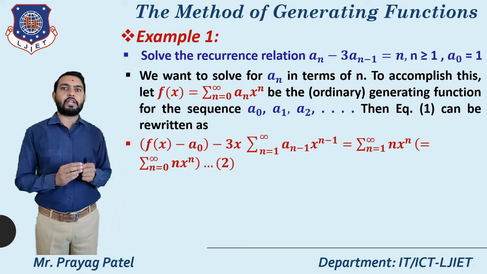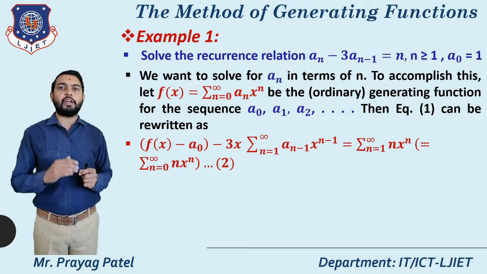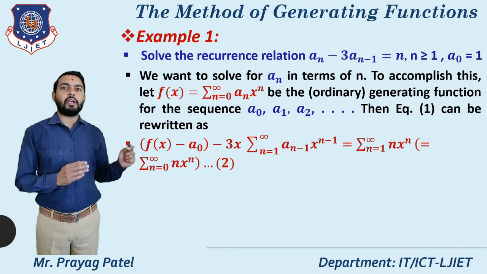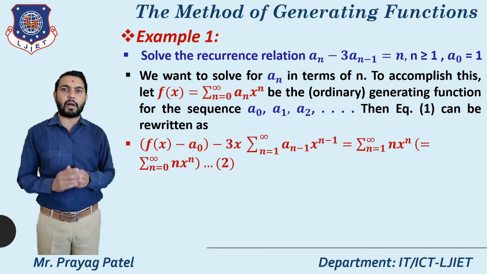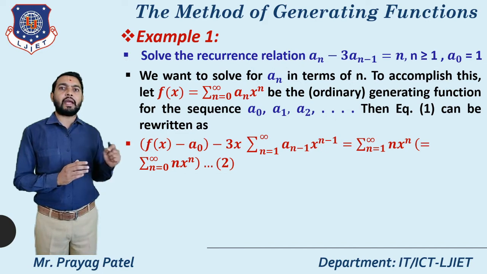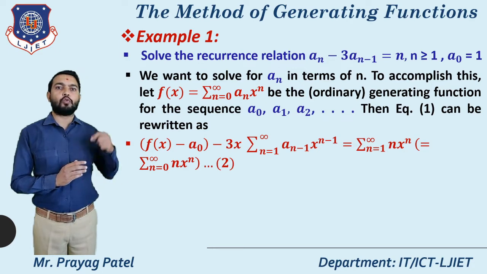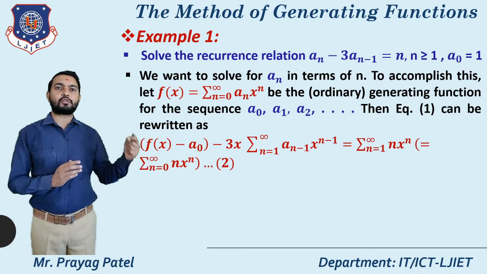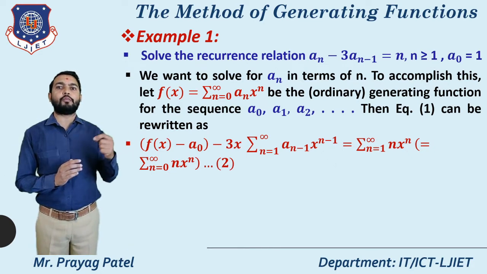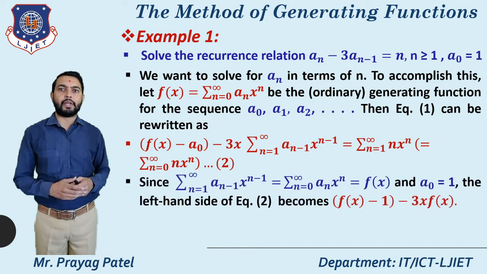In our previous formula, the sigma starts from n equal to 1 to infinity, while f(x) is the sum from 0 to infinity. That means a_0 is not included in equation number 1, so we subtract a_0 from f(x). So f(x) minus a_0 is the first part, minus 3x times the sum from n equal to 1 to infinity of a_(n-1) x^(n-1), is equal to the sum from n equal to 1 to infinity of n x^n. Now the sum from n equal to 1 to infinity of n x^n is equal to the sum from n equal to 0 to infinity of n x^n, so both are equal. This is called equation number 2.